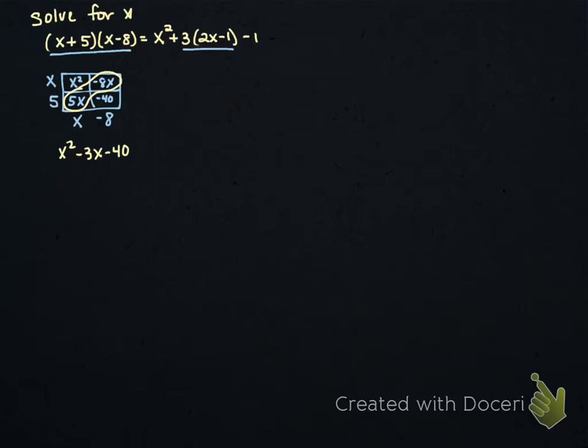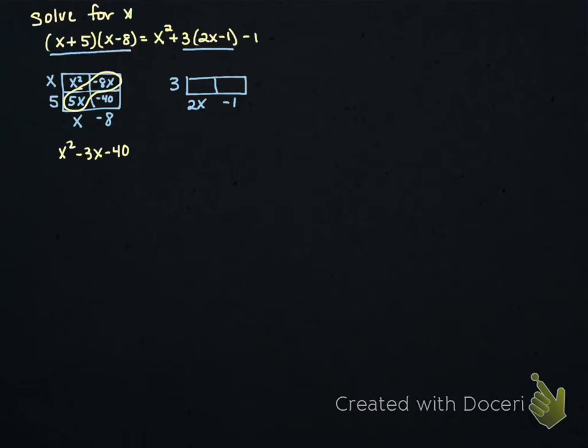On the right side, we also have to create a generic rectangle to multiply out 3 times the quantity 2x minus 1. Because we have one term multiplied by two terms, we will need a 1 by 2 generic rectangle. 3 being the side length of the one side, and 2x minus 1 being our other side length.